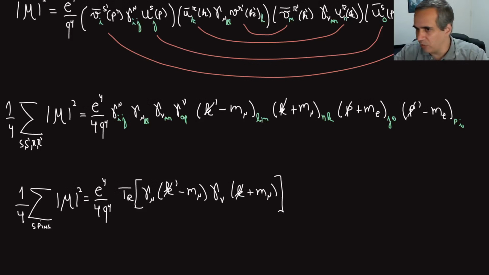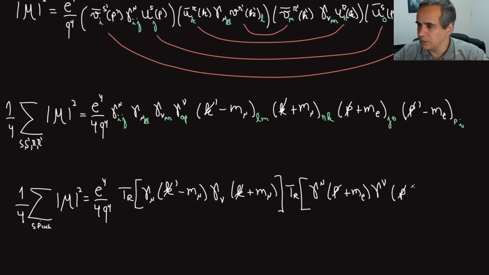I just have to follow this gamma nu here, right? And close, you see that that closes another trace for the electron line. So gamma mu P slash plus M E, right? Mass of the electron, gamma nu P slash prime minus M E.